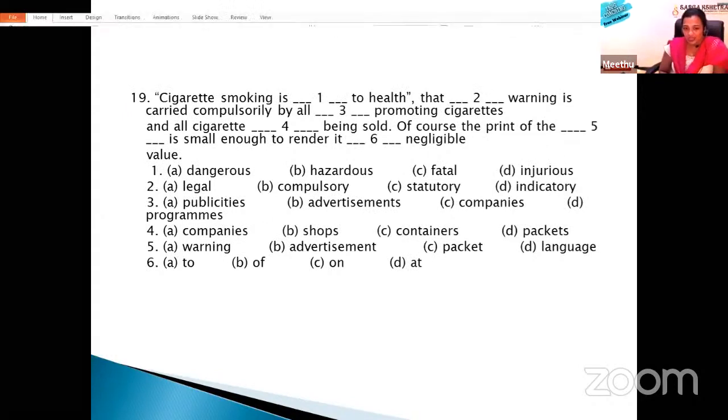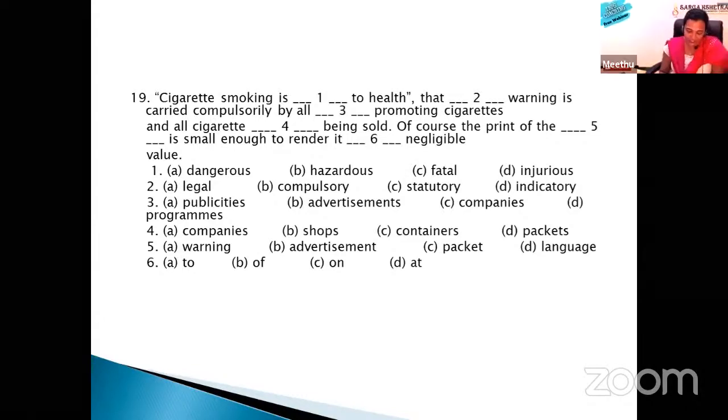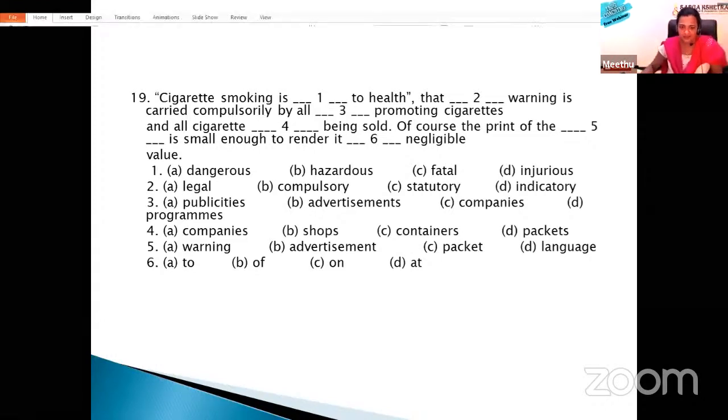Cigarette smoking is dash to health. Option D, injurious. Is it option D? Okay, then.